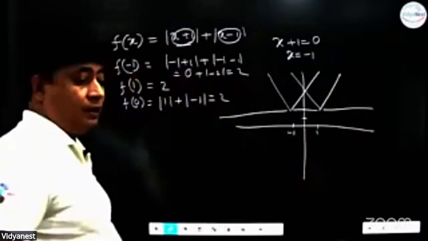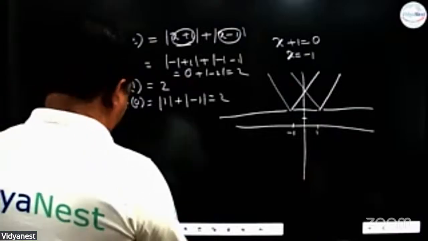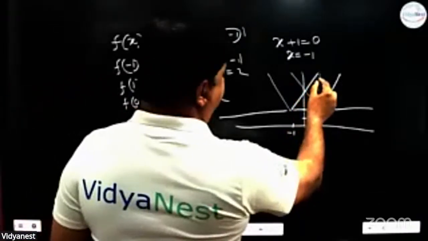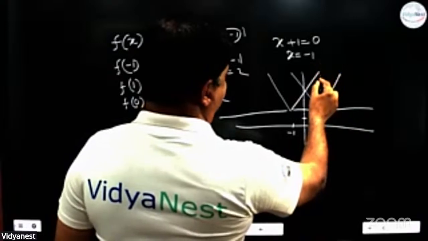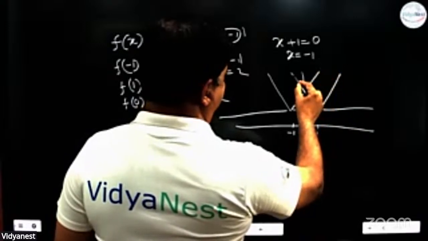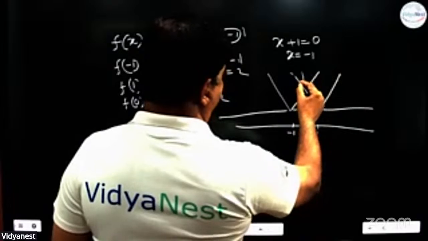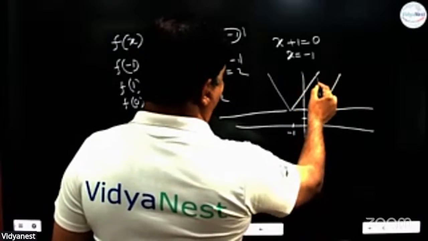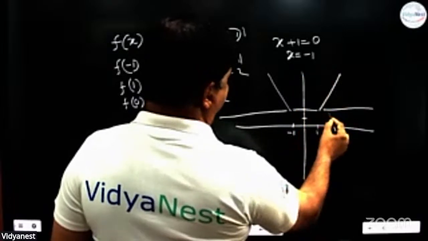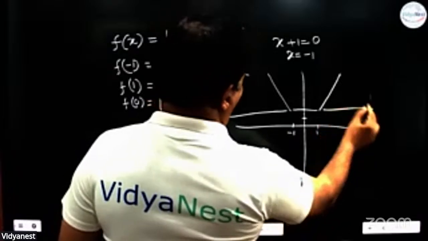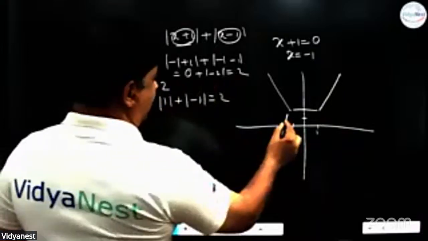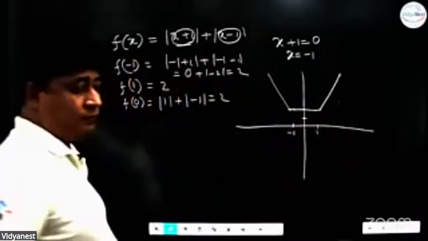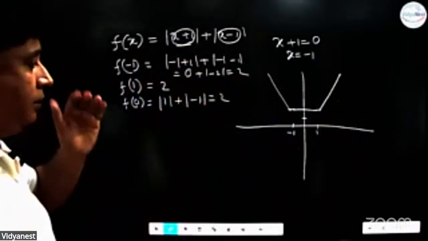Now, what is the shortcut trick? You wrap this part of the V, this part of the V, this part of y is equal to 2, that part of y is equal to 2. See, in short span, we have got the graph.